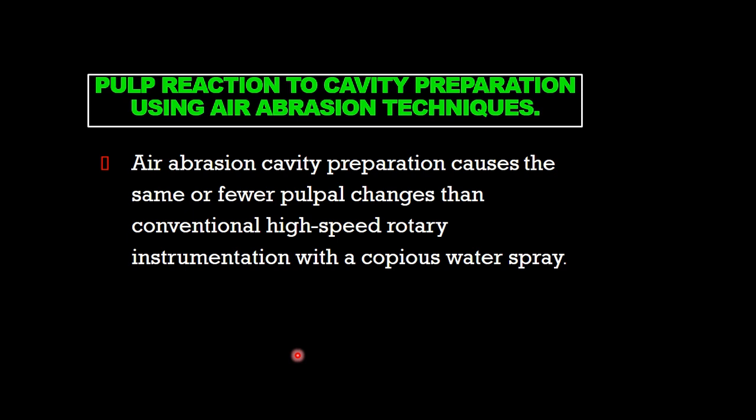Coming on to the pulp reaction to cavity preparation using air abrasion techniques, air abrasion causes the same or fewer pulpal changes than conventional high-speed rotary instrumentation while using a copious water supply.